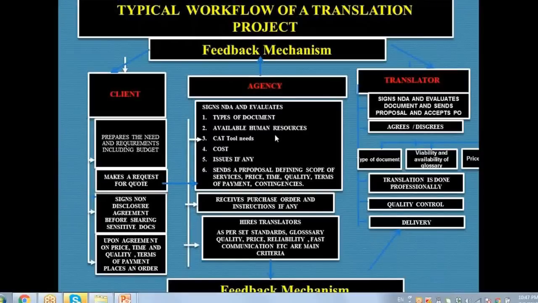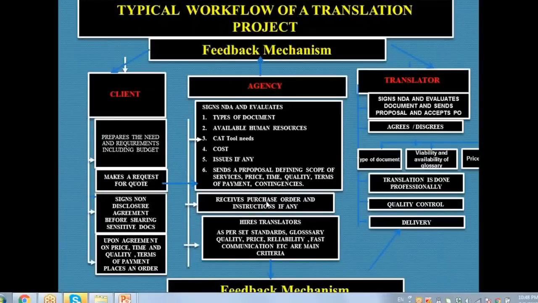Similarly, the agency signs non-disclosure agreements with the client, and then before the agreement they understand their human resources, they also understand if there is any CAT tool need, they understand the cost of the project. Keeping all these factors into account, they send a proposal, terms and conditions of the payment, and any risk factor contingencies they want to put into place.